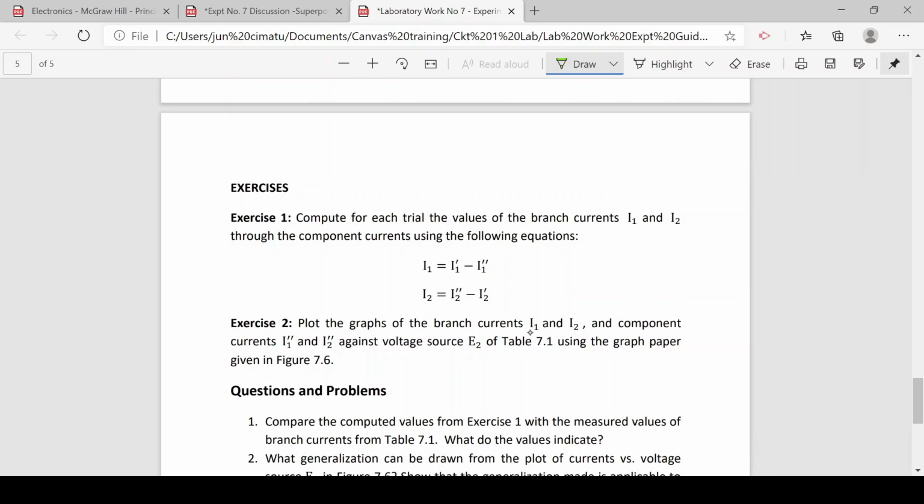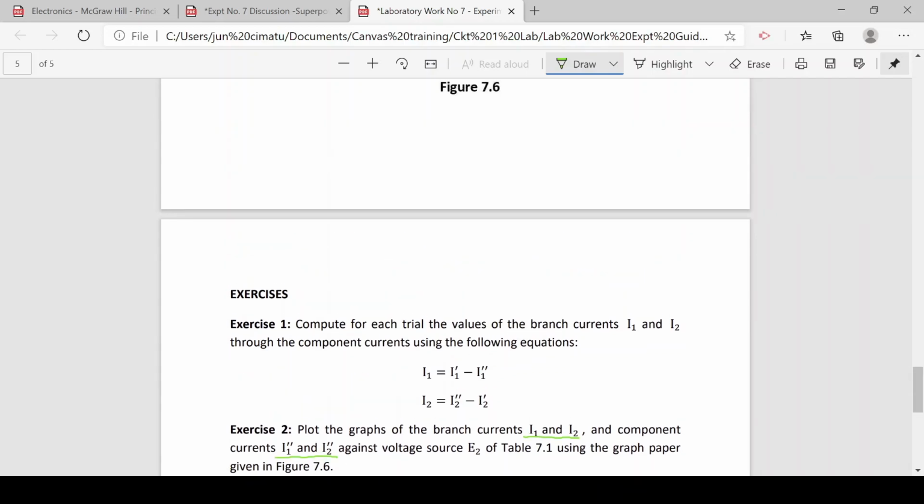So you plot I sub 1 and I sub 2, I sub 1 and I sub 2 double prime, these are the component currents due to E2, and the net current in the circuit for trial 1 and trial 2.